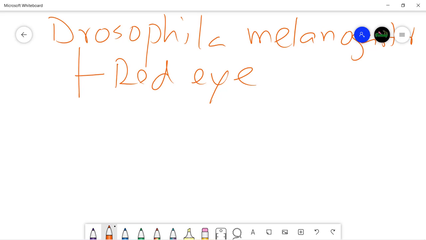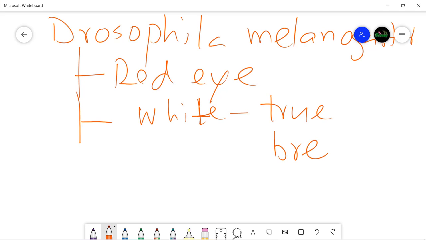Morgan soon found in his crosses that there was a fly whose eye color was white instead of red. And soon he found out that this white color is a true breeding trait. That is, this particular trait is a genetic trait, and not due to any other factor like an environmental or some temporary or transient factor.